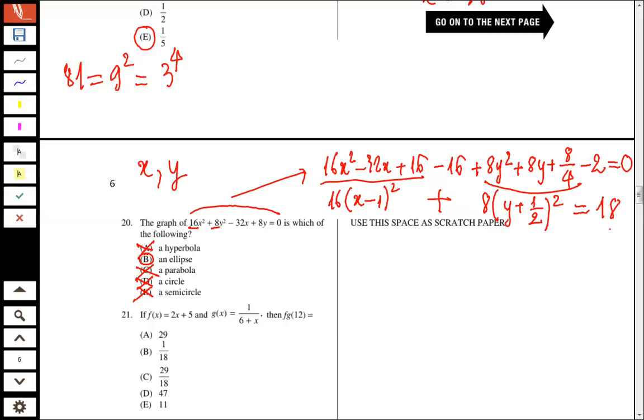We divide by 18 on both sides. We have 16 over 18 times (x subtract 1) squared plus 8 over 18 times (y plus 1) squared equals 1.